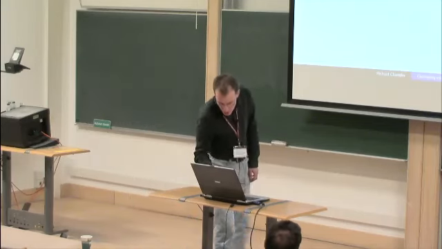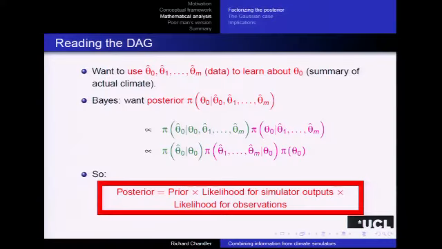I can use my directed acyclic graph to discover that, if that is the structure of the data, the posterior distribution of the Bayesian framework factorizes in a slightly different way to the one you're used to being taught. It's the prior times the product of two likelihoods. One is the likelihood that you get from the climate simulators, and the other is the likelihood that you get from the observations. And that factorizes really nicely.